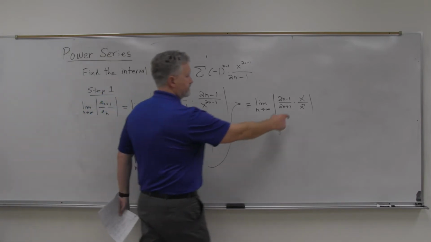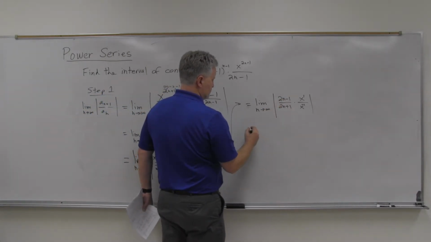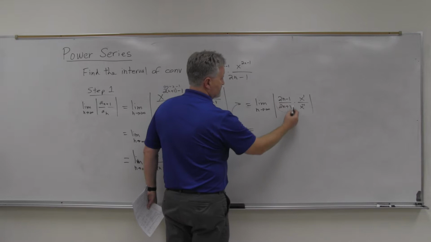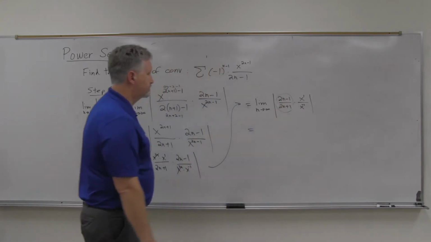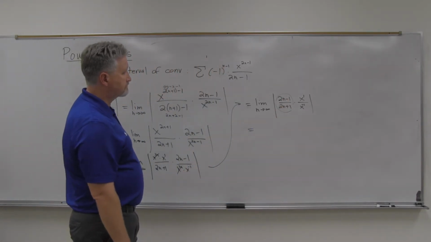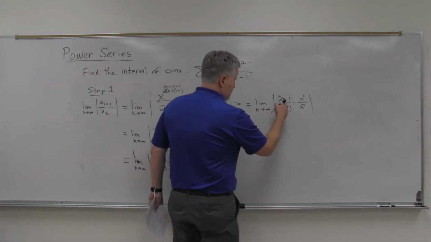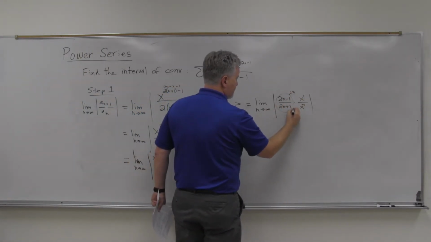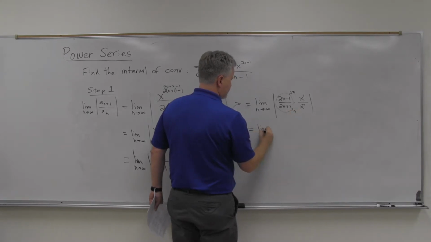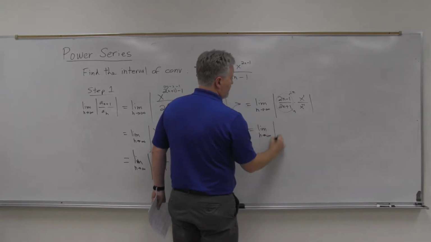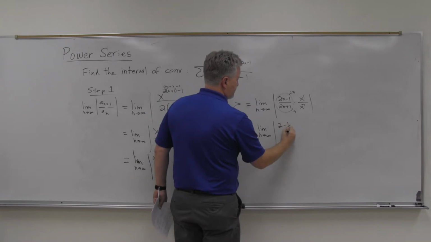What's this going to do? What's that going to go to? 1. That's going to go to 1, 2 over 2. If we divide by n there, that'll be 2 minus 1 over n over 2 plus 1 over n.